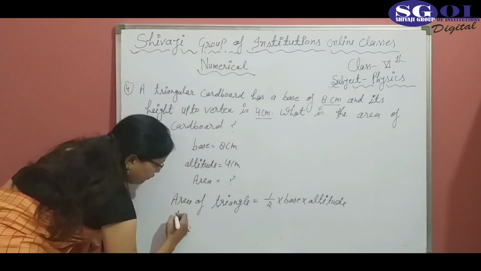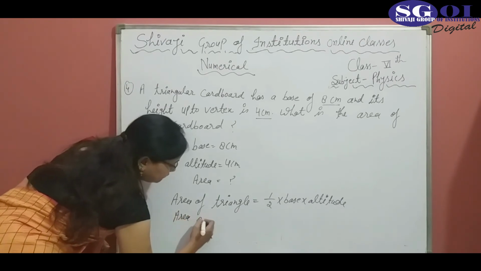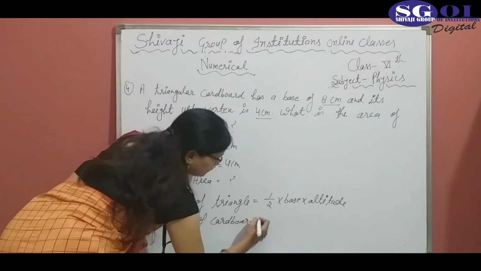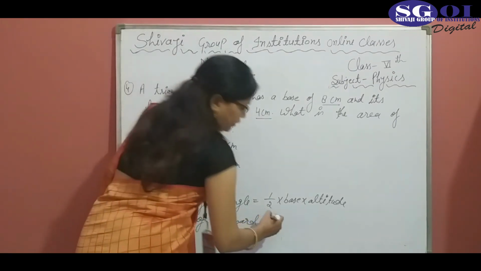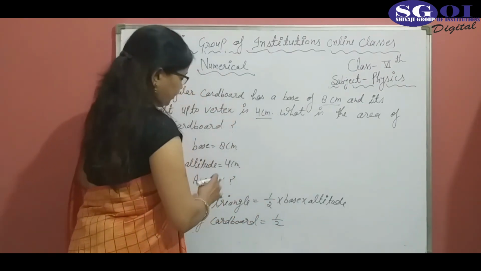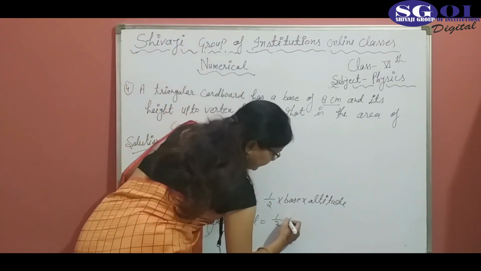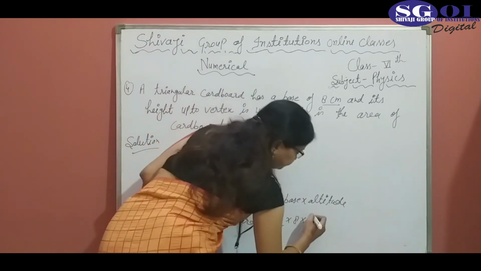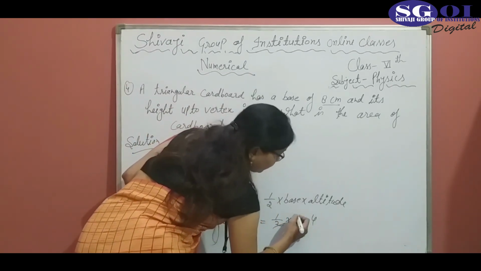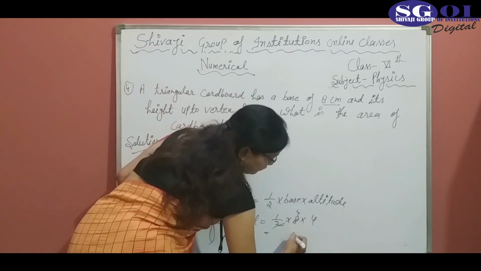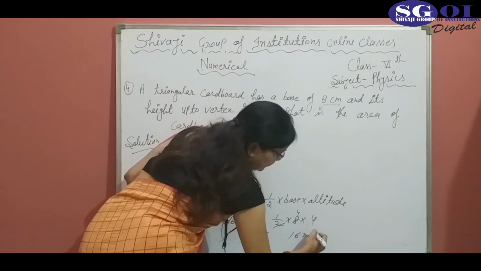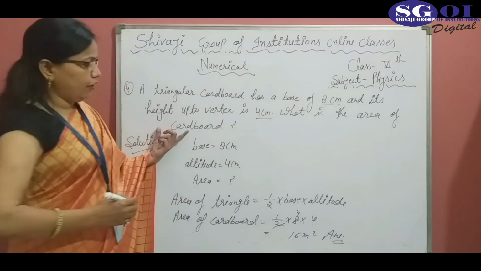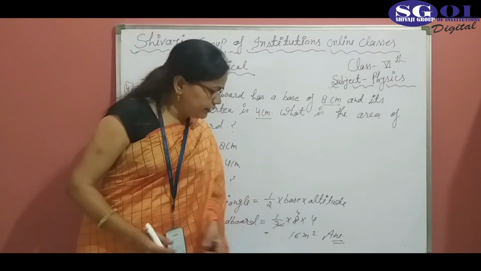So the area of cardboard will be equal to 1 by 2 into base is 8 and altitude is 4. After multiplying we get 16 meter square. So the area of cardboard is 16 meter square.